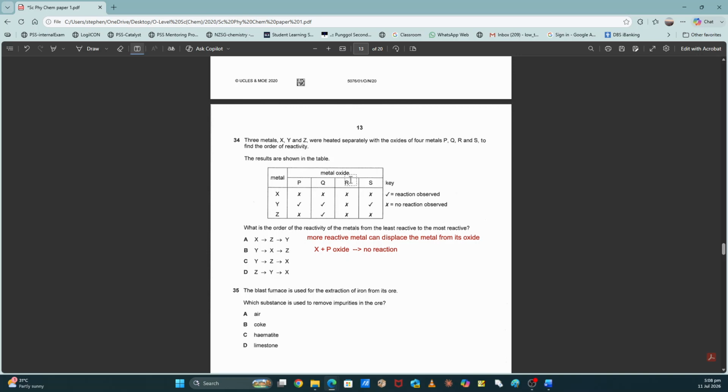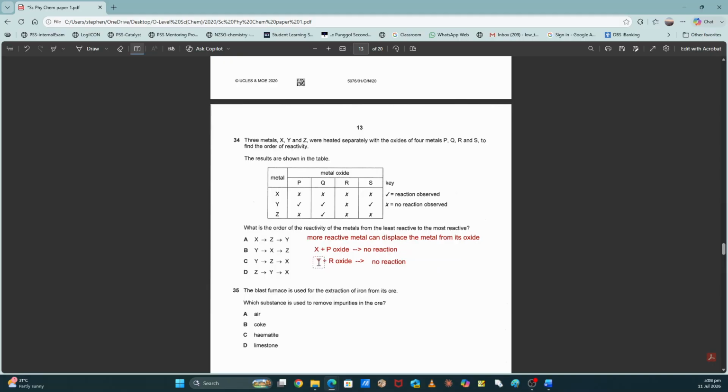So when Y reacts with R oxide, I put there Y reacts with R oxide. You look at Y with R, there is no reaction. This is the meaning of this table.